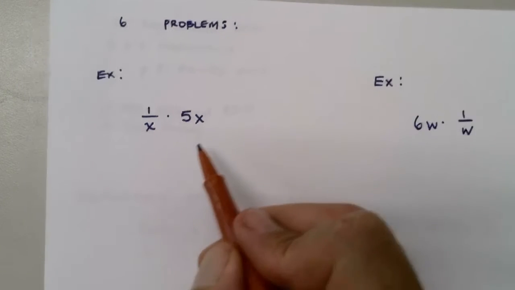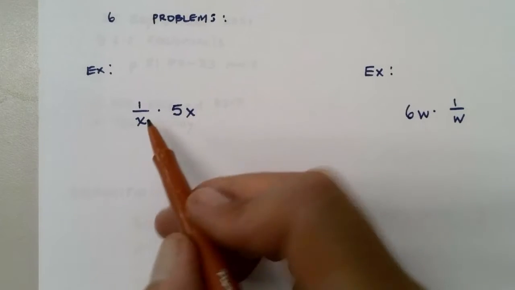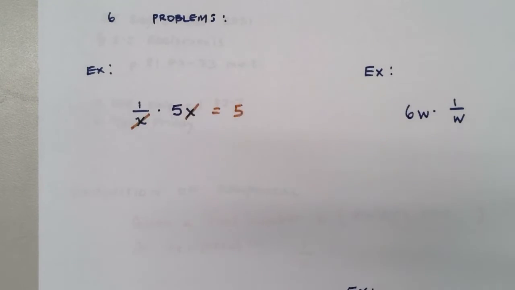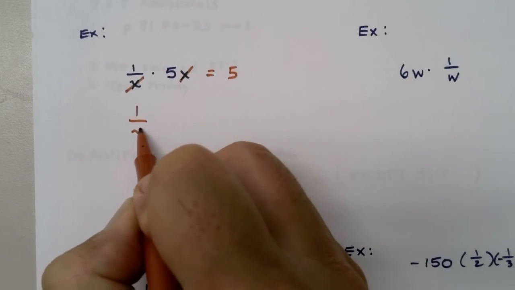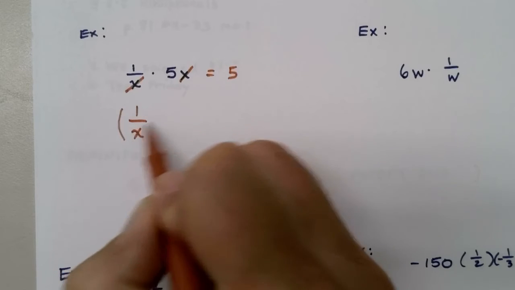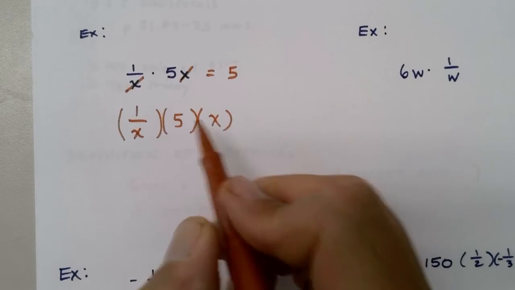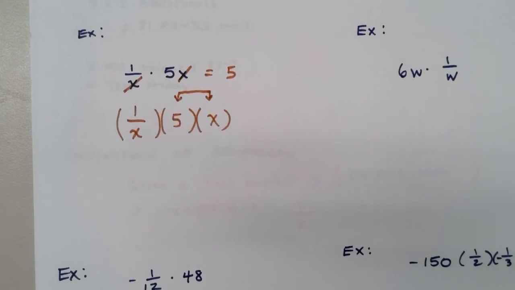So here, I have 1 over x times 5x. If I did this, I would just cancel and say 5. If you want to know exactly what's going on, you have 1 over x times 5 times x. I'm allowed to flip these by the commutative property.